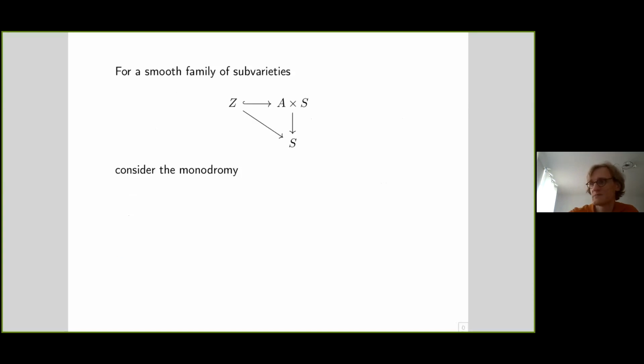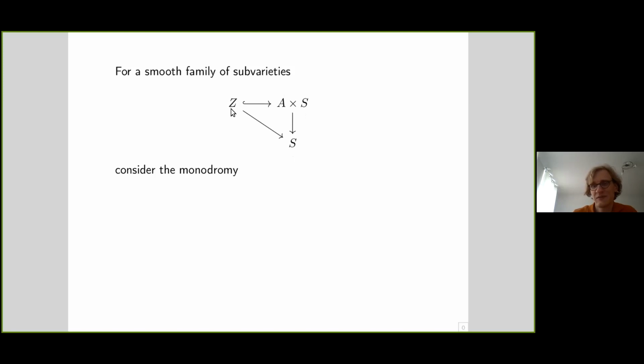So before I start, I just want to say what this big monodromy theorem says. So the setting is the following. You fix an abelian variety A, and you vary a hypersurface, or more generally a subvariety. So you take a constant abelian scheme over some base variety S, and inside it you have a varying family of subvarieties.